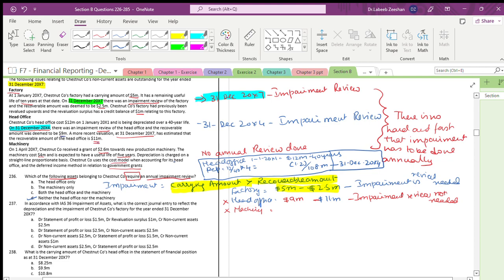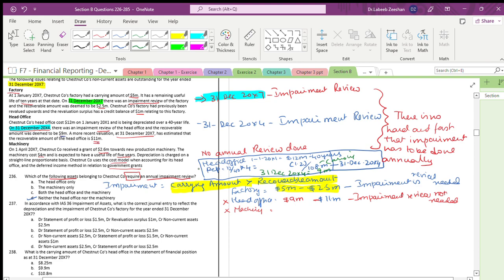Definitely on that day the carrying amount is more, the recoverable amount is less. 31st December 2004, impairment is needed because this is the carrying amount, and the recoverable amount is 9. Okay, there is an impairment loss.